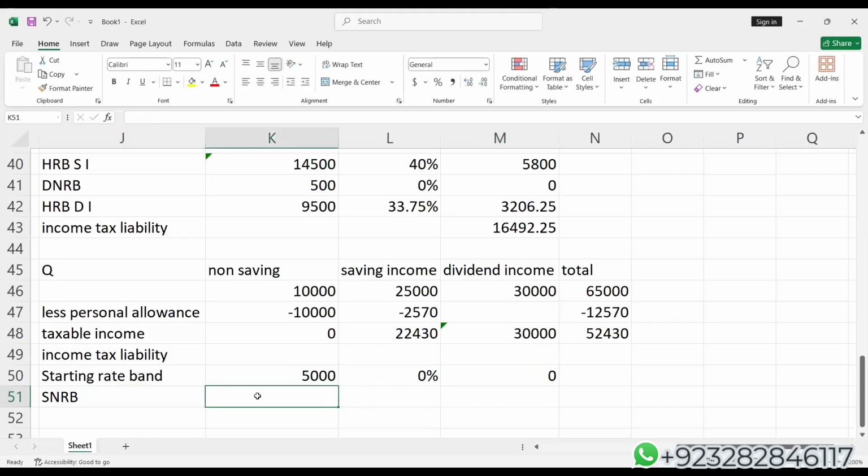If you look at 52,430, this individual has taxable income of 52,430, which is more than the limit of the basic rate band. So this individual is a higher rate taxpayer. Whoever is a higher rate taxpayer gets a nil rate band of £500 for the saving income.